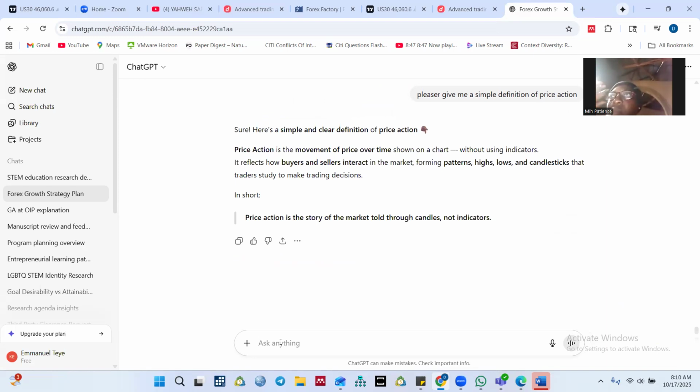It says that price action is the movement of price over time, and that is what is shown on the chart. Typically, price action is without using any indicators.